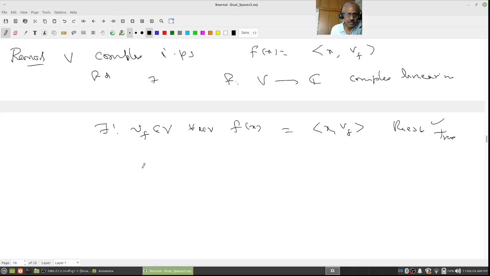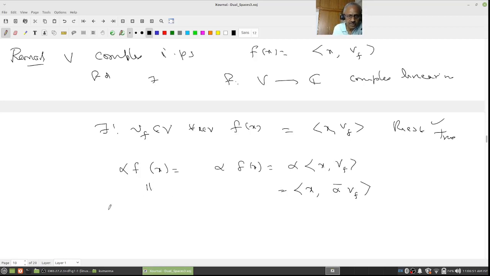But the problem is, I want to know what is alpha f. Alpha f acting on x will be alpha times f of x, but that is alpha times the inner product of x with vf. If I try to bring alpha inside, you can see it is going to be alpha bar vf.